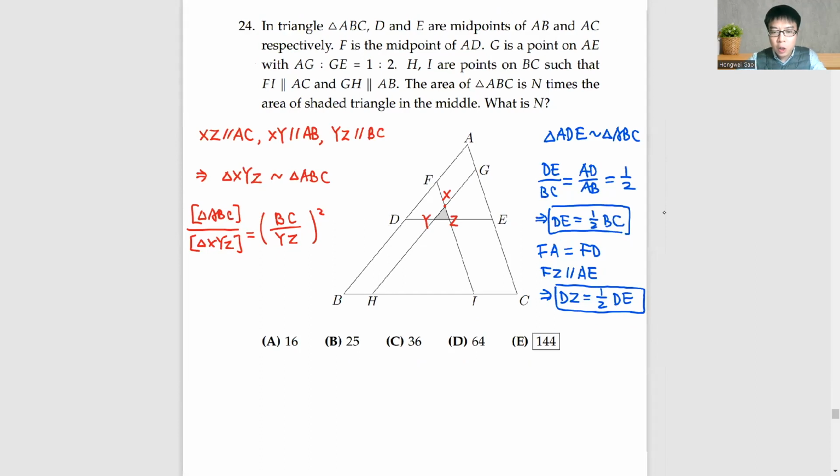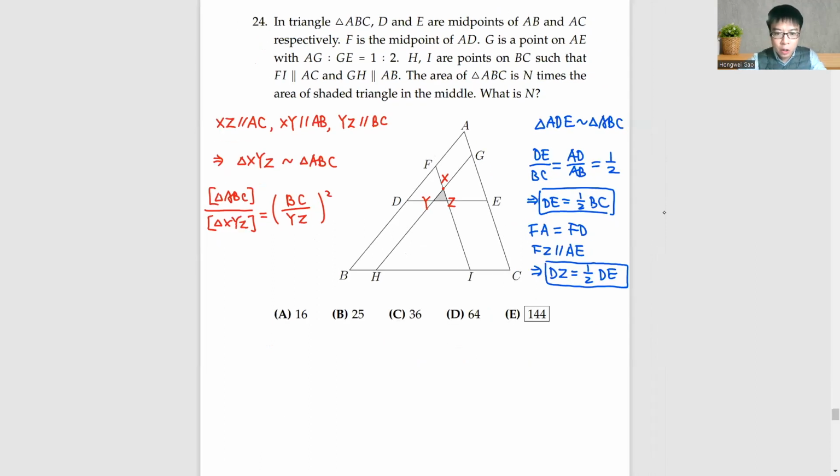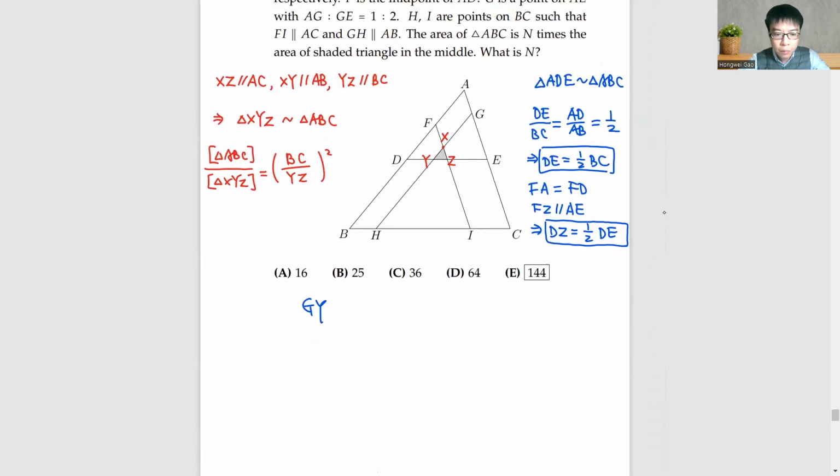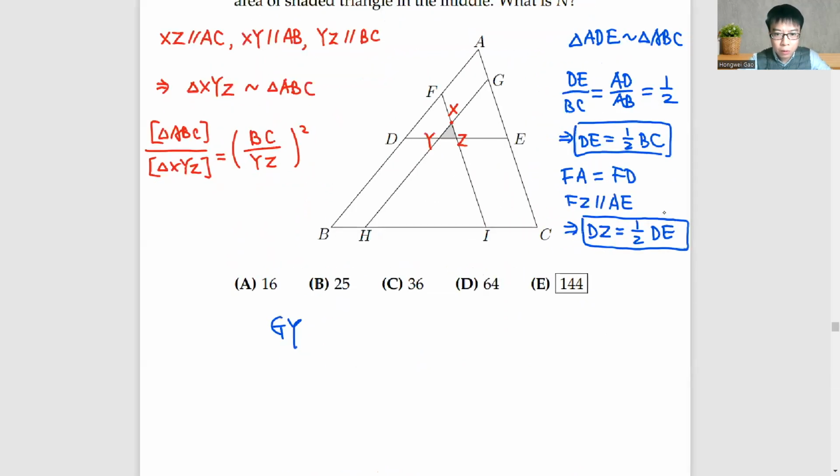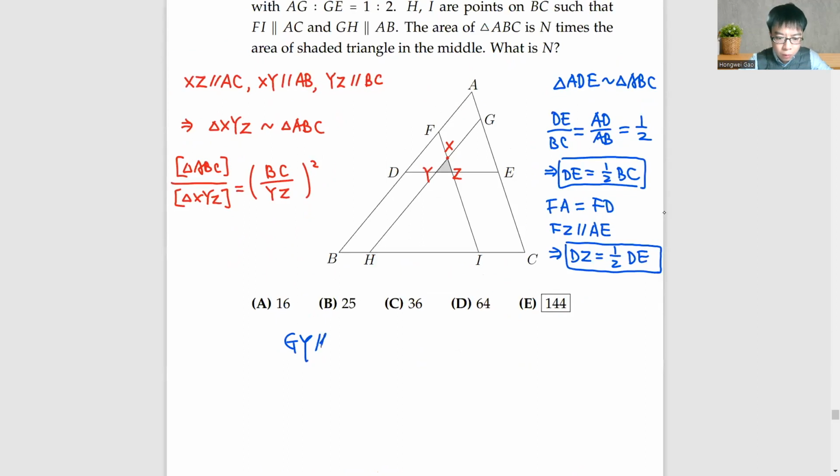And next, we consider, because GY is parallel to AD, that implies similar triangles. Triangle EGY is similar to EAD.